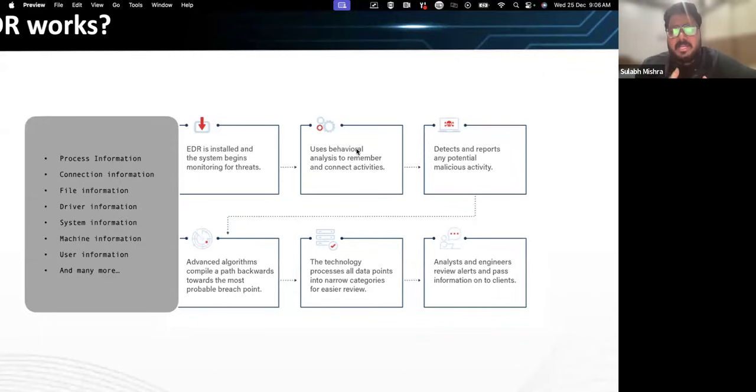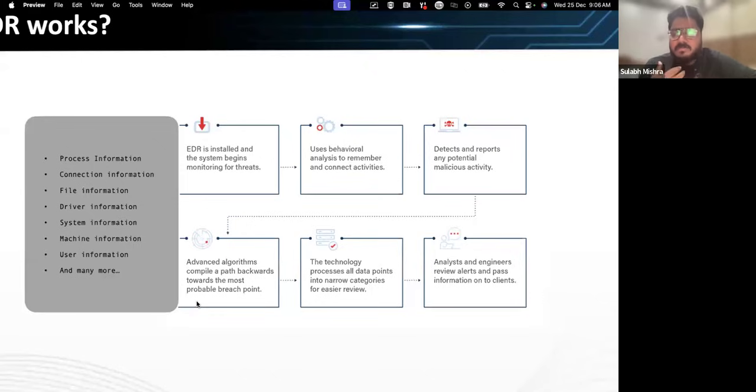EDR tries to correlate and detect the threats. Using that behavioral analysis, those analytical analyses, and those threat intelligence features, it will detect the malicious activities, and then it will report to you the malicious activity happening on any of the machines.